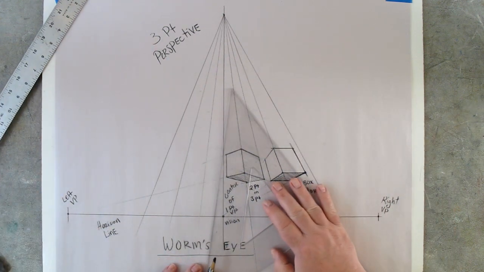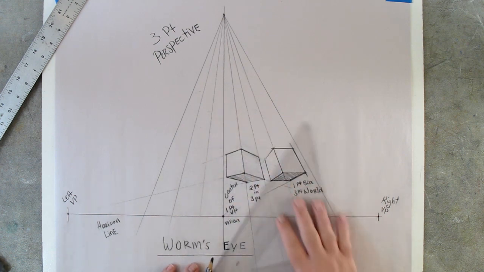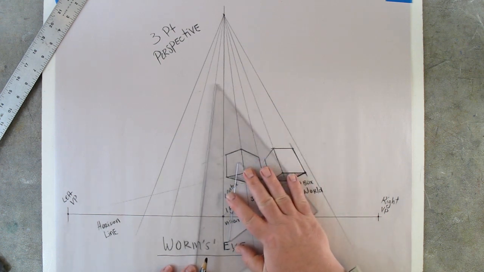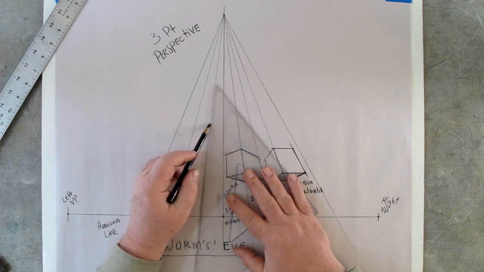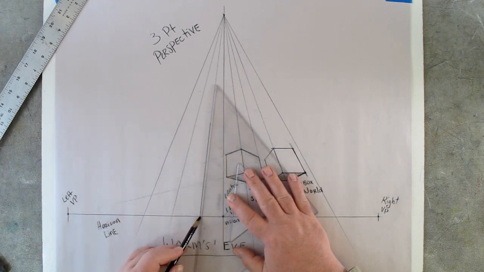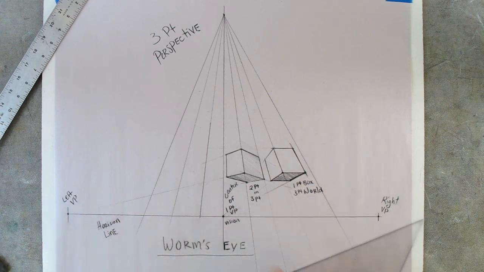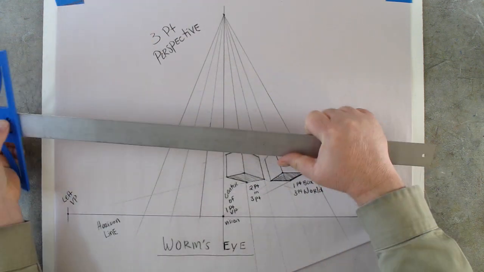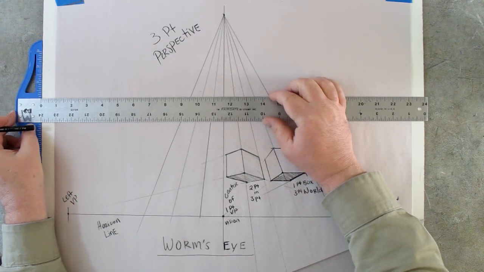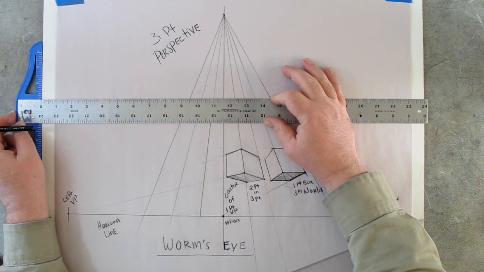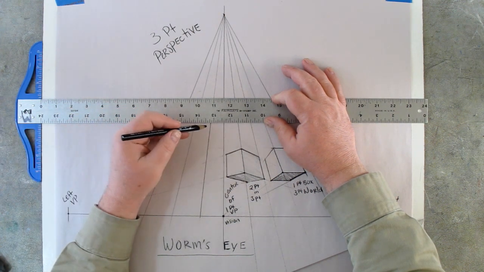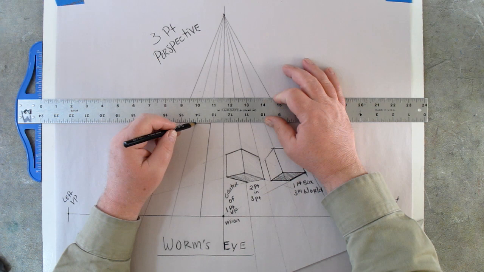Let's do this as a building. Let's say we had a little building over here, because these are just floating in the air. It always looks kind of weird when you do it like this. So if I was doing a building, let's say we do a thin one. Let's make this one 1 point perspective. So if that's the case, this would be a straight line here.